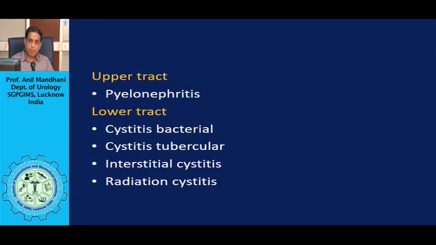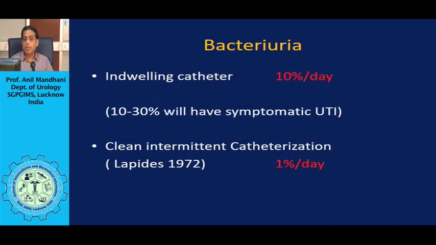Normally, even in an absolutely normal person, the level of protein may not be more than 30 milligrams. So if the dipstick shows traces, that means the patient has some kind of significant proteinuria, and you should get his urine routine microscopy done.